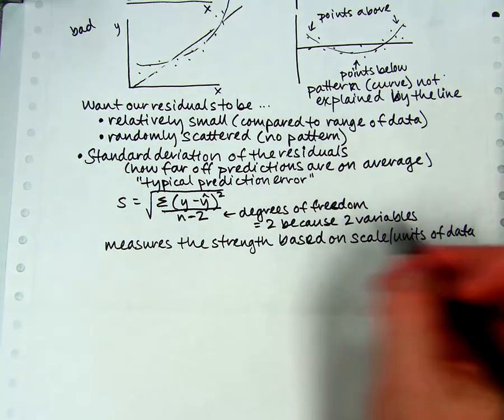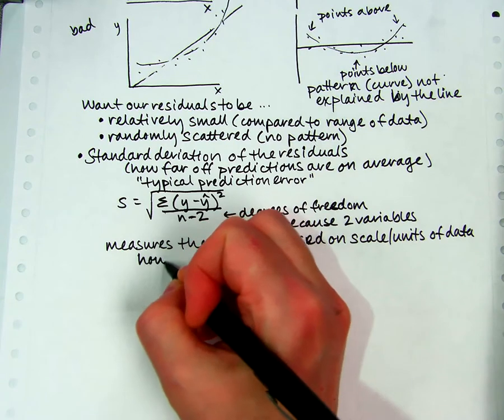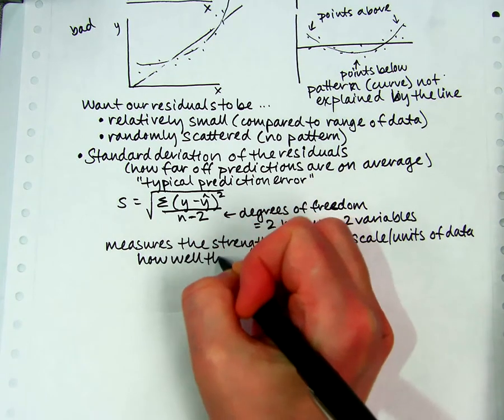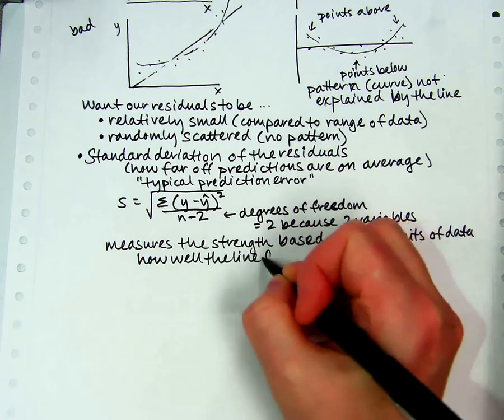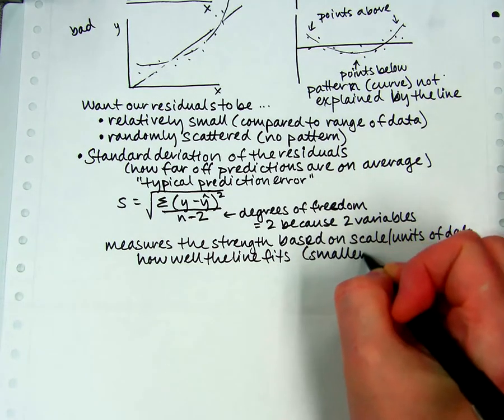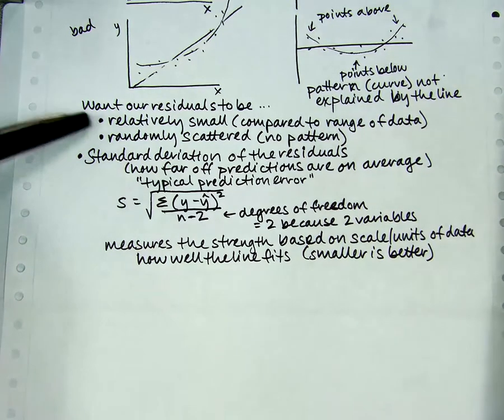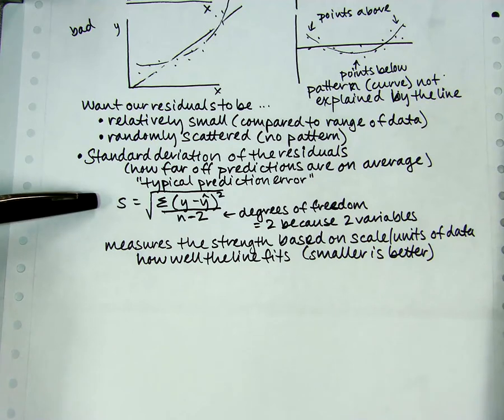So it measures how well the line fits. Strength is about how well the line fits. Smaller is better. It has to do with that we want our residuals to be relatively small. This measures how small they are exactly.